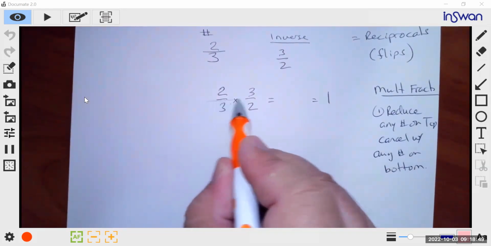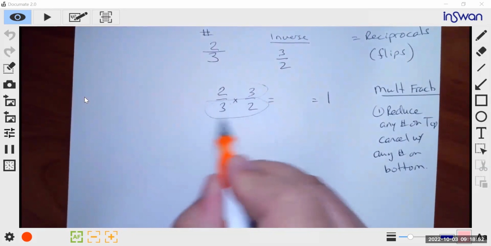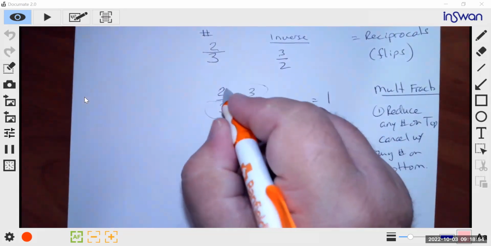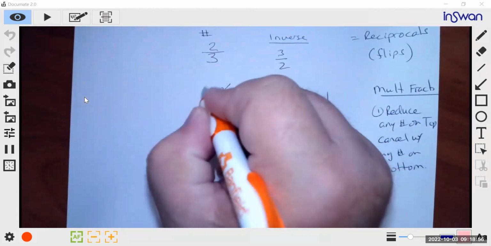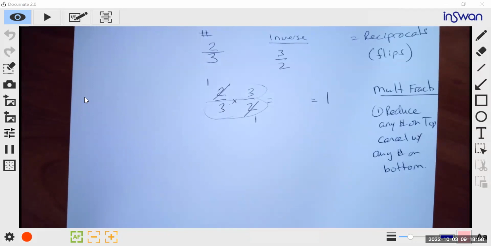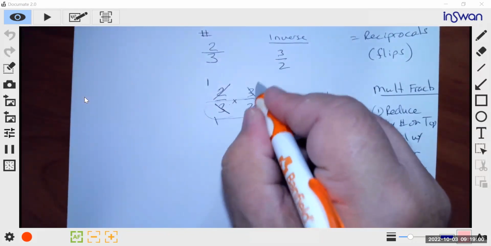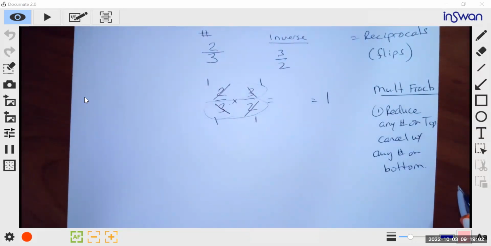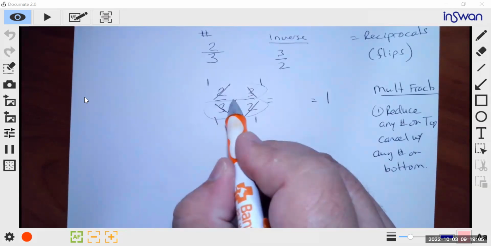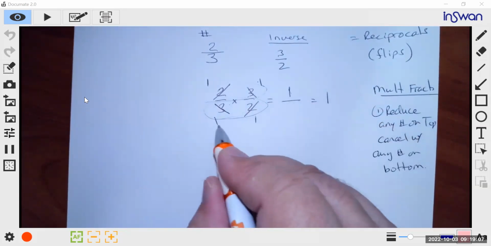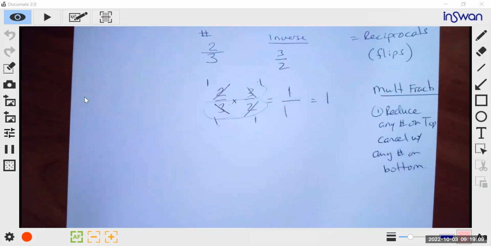Yes, the 2 goes into 2 once. The 3 goes into 3 once. So we have 1 times 1 is 1. 1 times 1 is 1. 1 divided by 1 is 1.